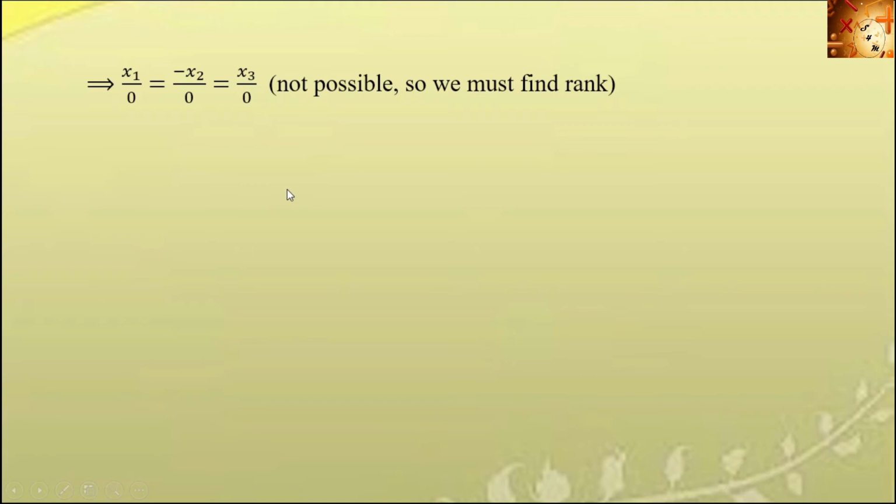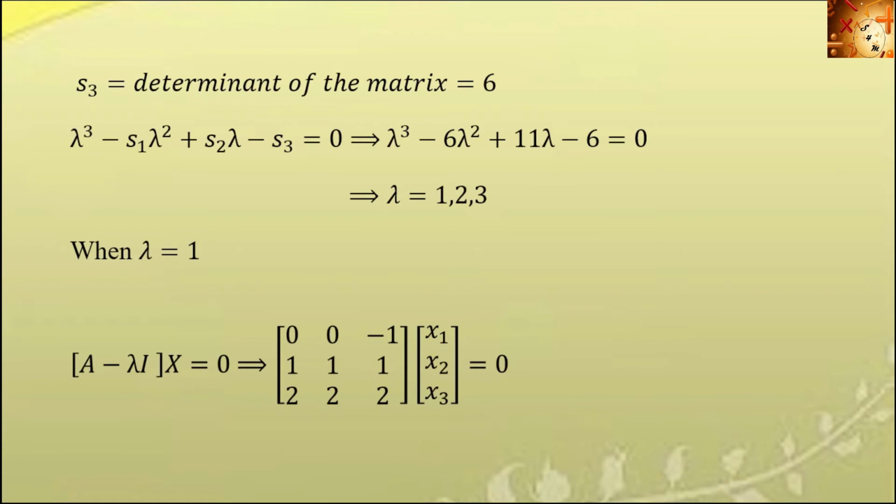which means, go to the previous slide. Here this is the matrix. Here we are going to find the values of x1. So x1 divided by the determinant, deleting this element's corresponding row and column, that is the determinant of [1, 1; 2, 2].